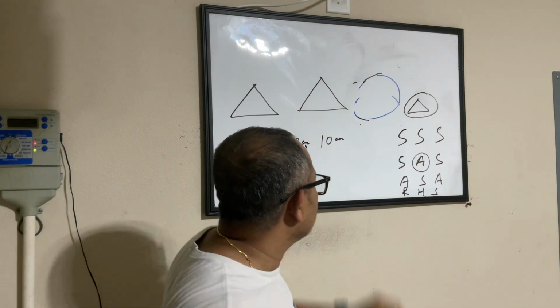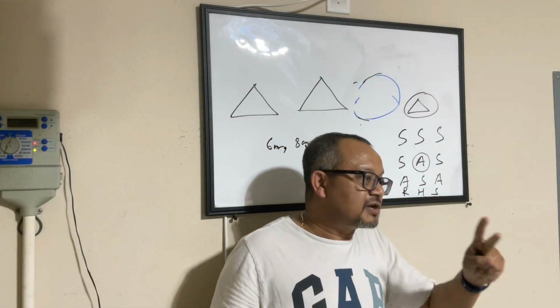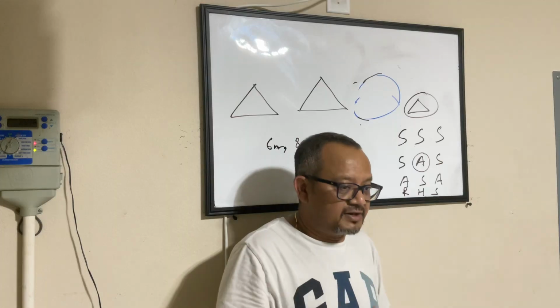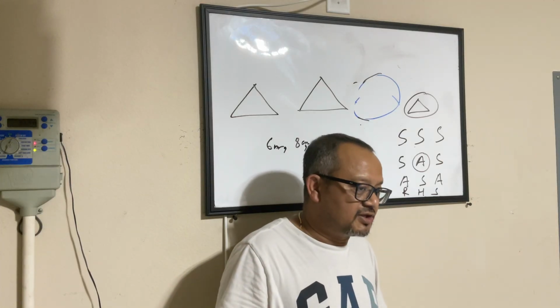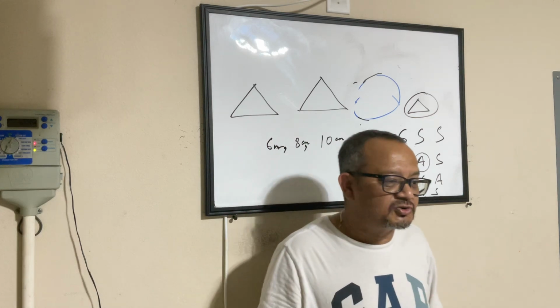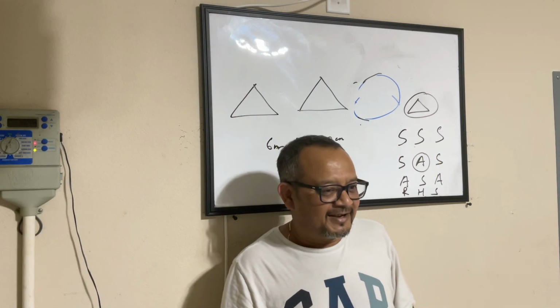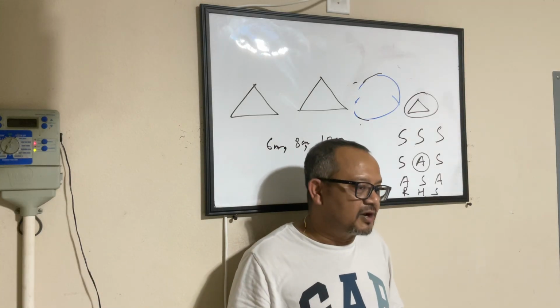If you use these 3 dimensions and try plotting triangles, can you plot 2 triangles which are different, not copies of each other? I said if anybody is able to do so, you will get a $100 prize from me. You cannot do it. That's mathematically not possible.